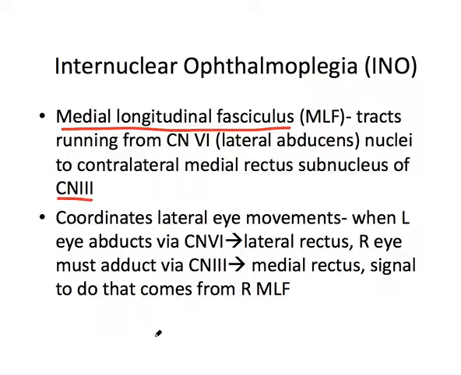So when your left eye abducts via cranial nerve 6, causing firing of the lateral rectus of the left eye, you need your right eye to adduct and move with that left eye. So the right eye has to adduct via cranial nerve 3, sending signals to the medial rectus of the right eye. And the signal to do that comes from the right medial longitudinal fasciculus.